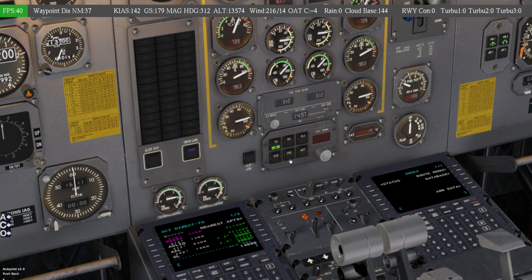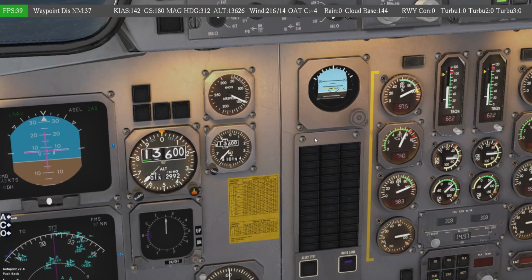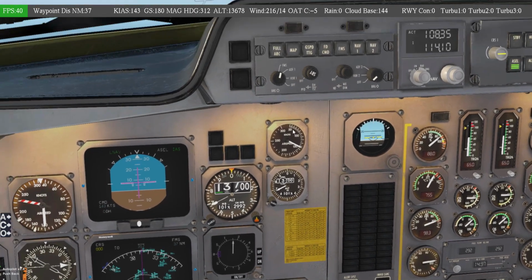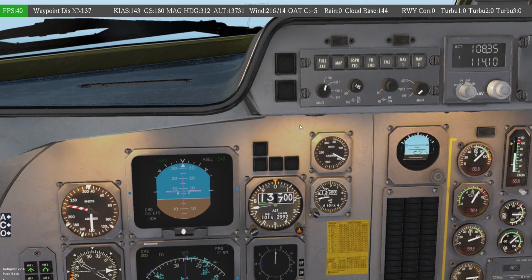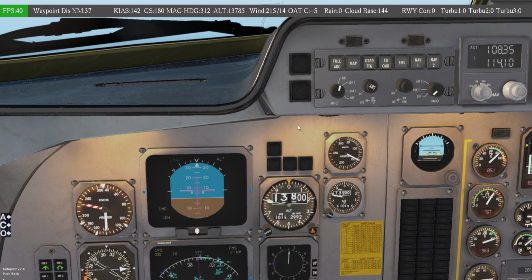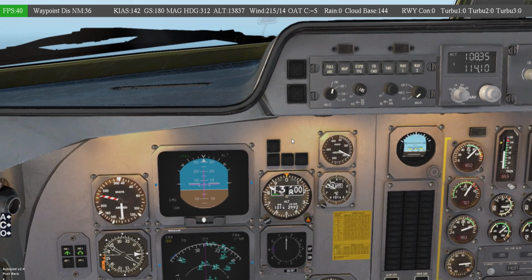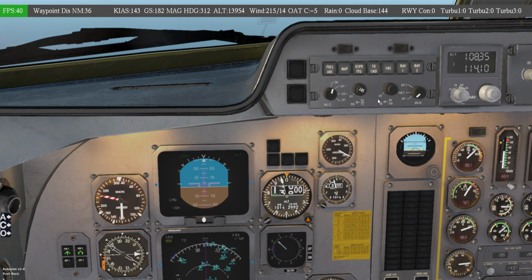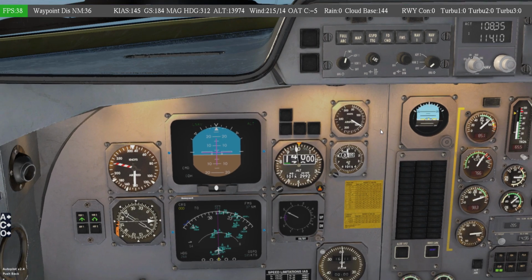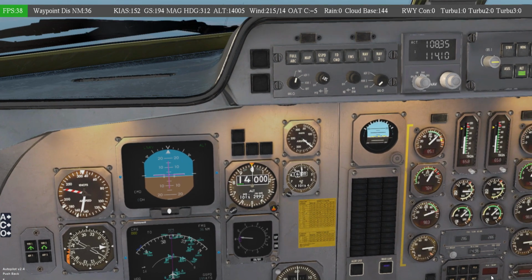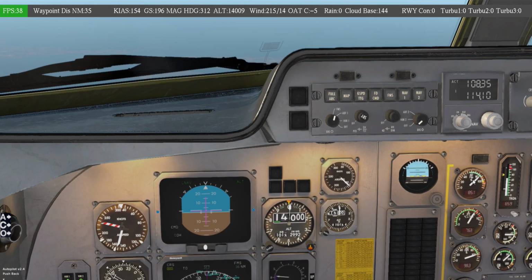And then we can set this for descent and cruise in a moment. Here we go. Set it for the cruise configuration here.